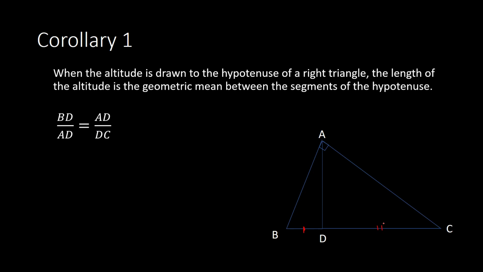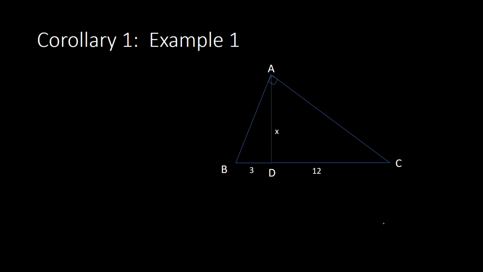So that's what the corollary says, but then how do you actually use this? Well, here's a picture where we are trying to find the value for x. X is the altitude. It is the length or the distance from A to D, and this is going to be a right angle right there. So then we know that x is the geometric mean of 3 and 12.